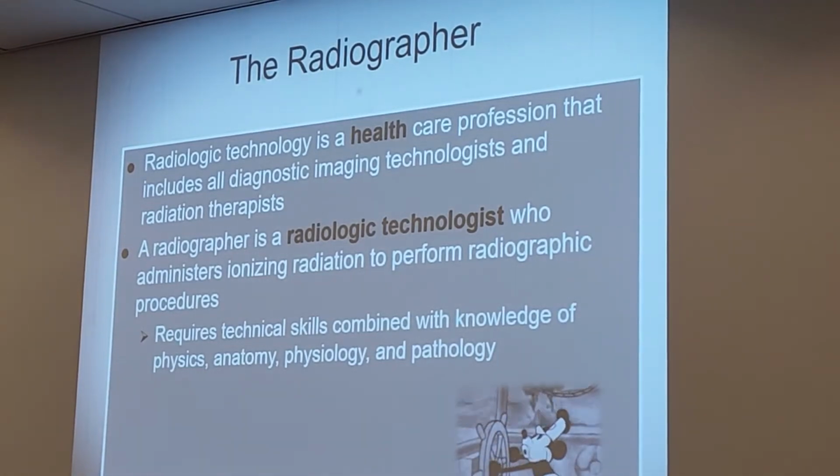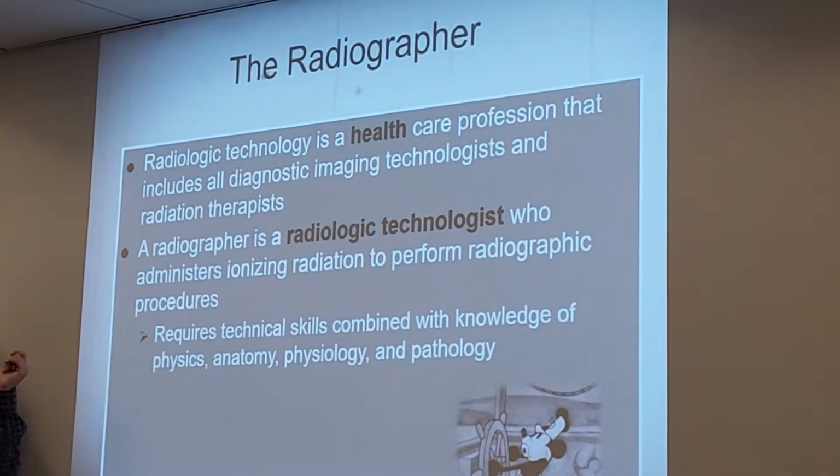So it is more dangerous in that regard. Because this is a dangerous form of energy, you do need to be trained in its use. So to become a radiologic technologist, this requires technical skills combined with knowledge of physics, anatomy, physiology, and pathology.